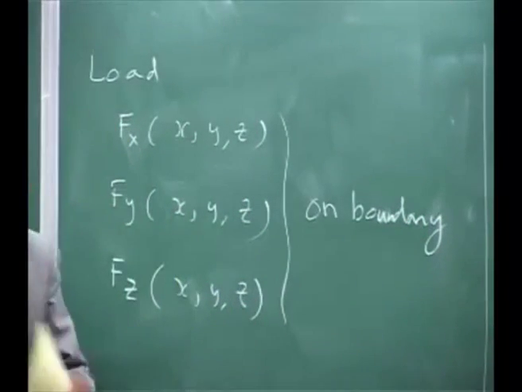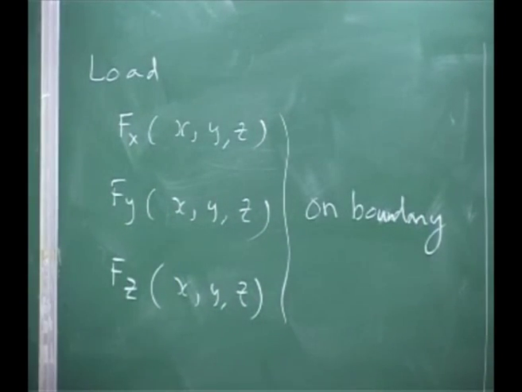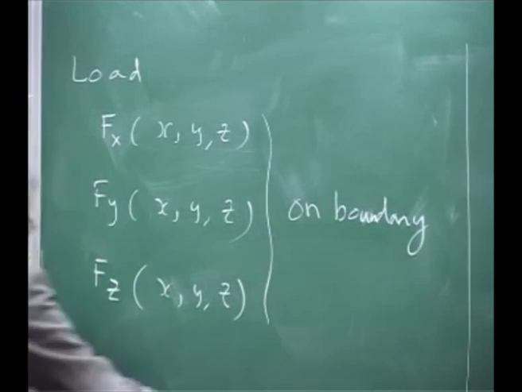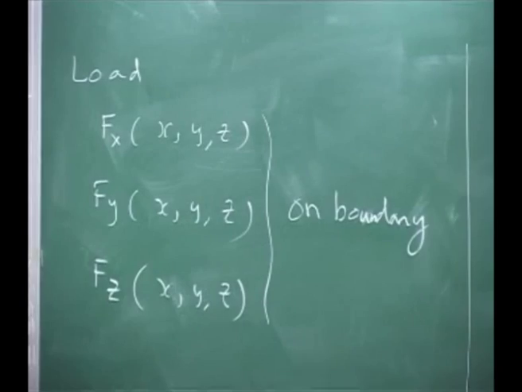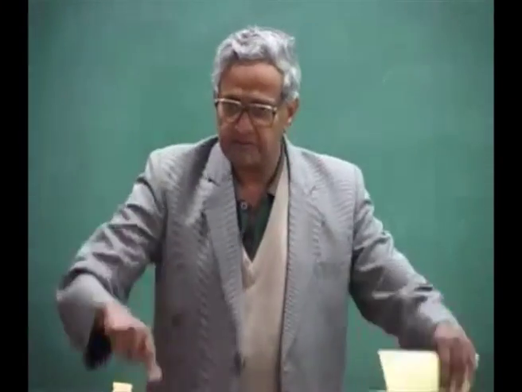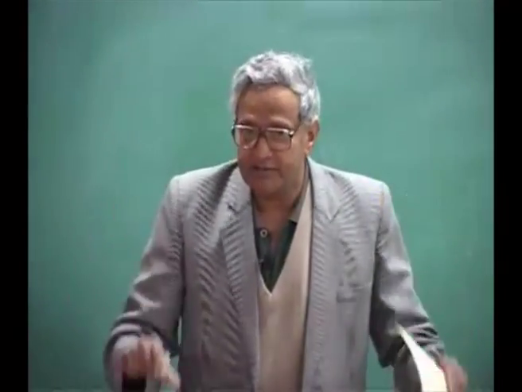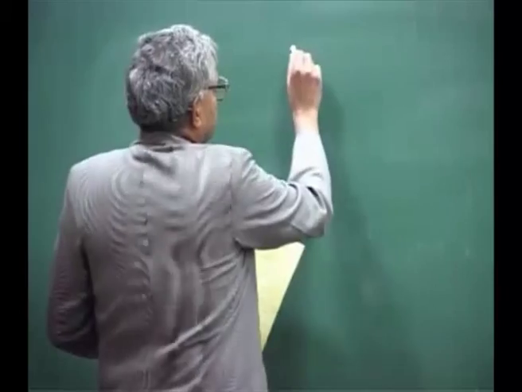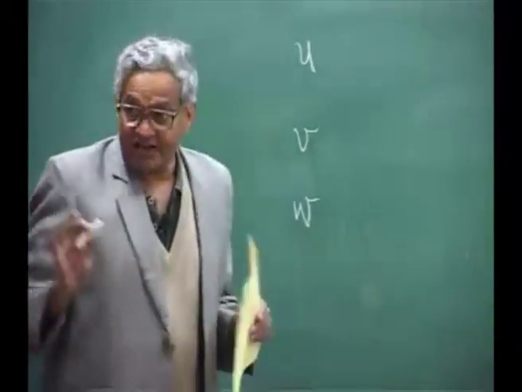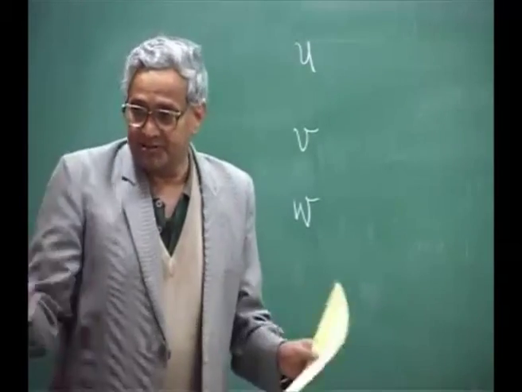Okay, acting on a boundary of the structure, and they are going to do the virtual work. So what you do is every point in the structure undergoes, because of the application of load, a deformation. The actual deformation, you may call it U, V, W. This is the actual deformation because of the application of the load.